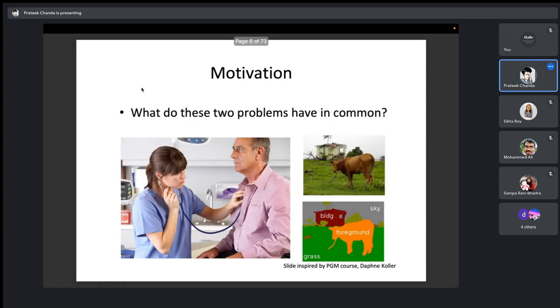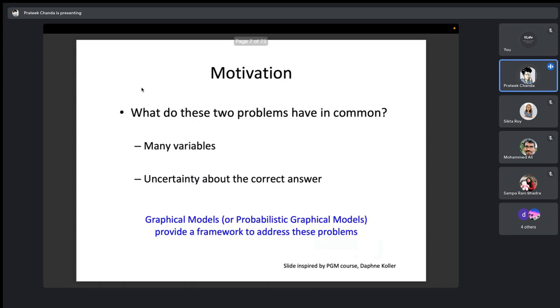Both of these two problems have something in common. One of the main issues is that both of them have many variables. In medical diagnosis, many variables are basically many symptoms, for example, or you do a lot of lab tests and a lot of treatments, and you get different outcomes.